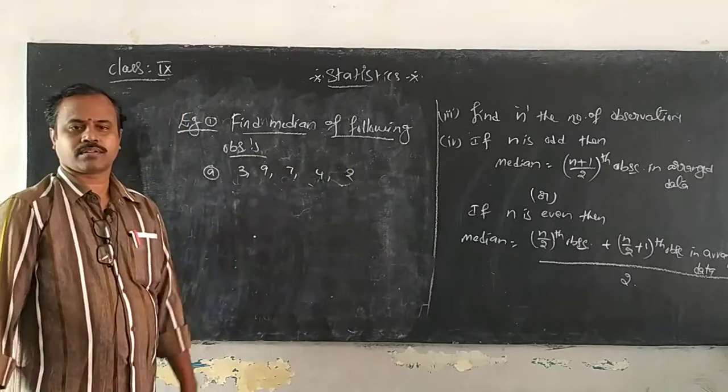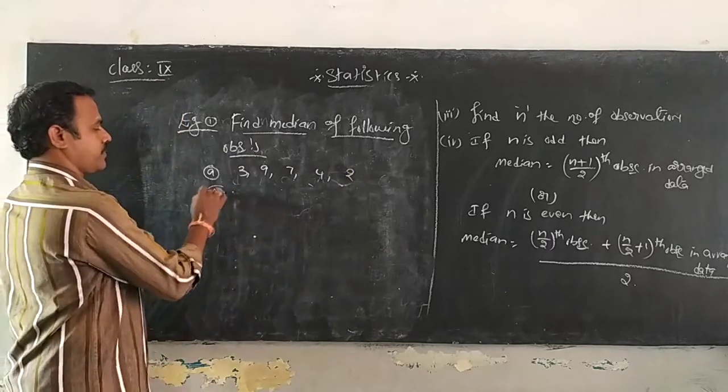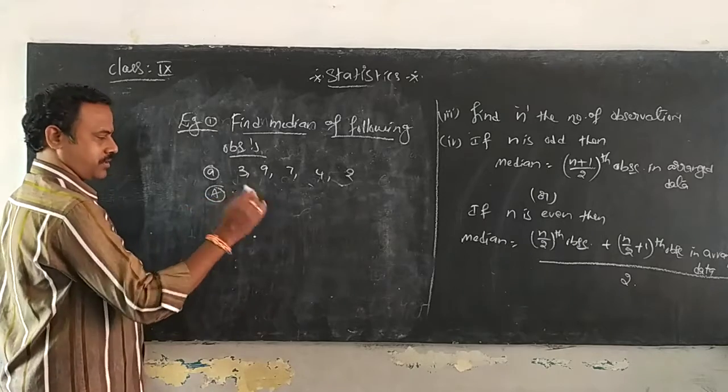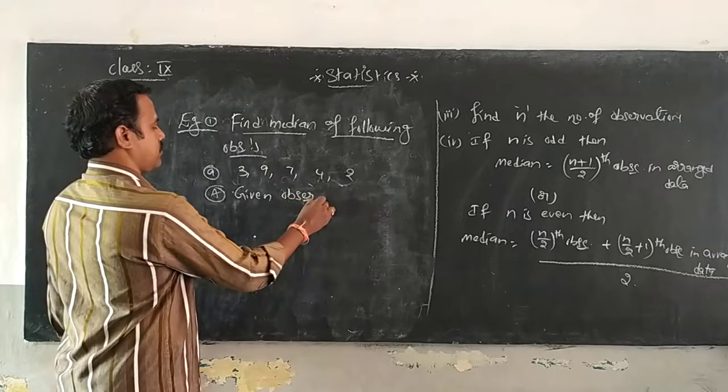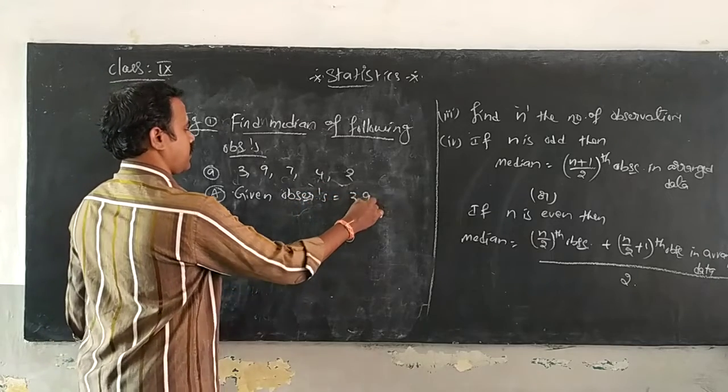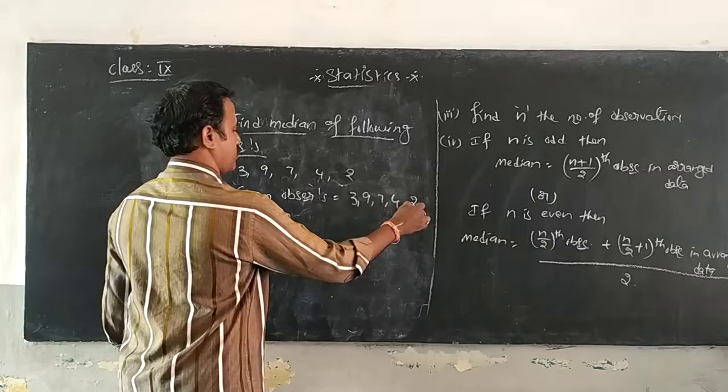Observations are given in this manner. So what do you do first of all? The first step is write given observations. Given observations: 3, 9, 7, 4, 2.